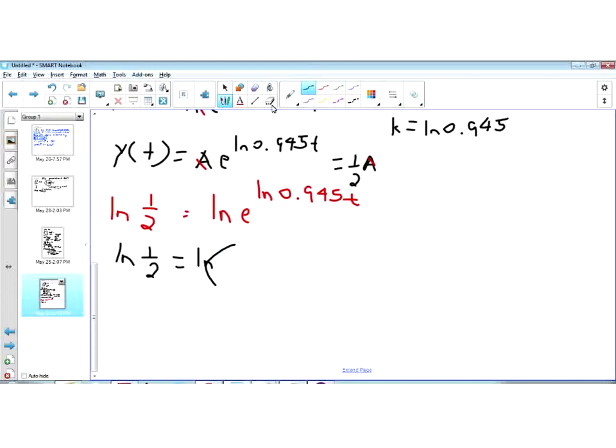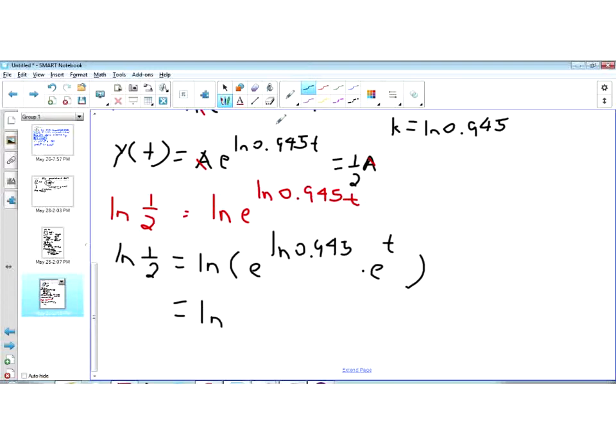That would be the natural log of e to the natural log of 0.945 times e to the t, because I can distribute it term by term in the product, which is in the exponent.